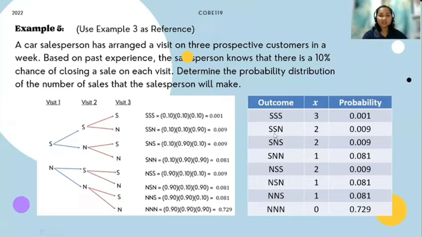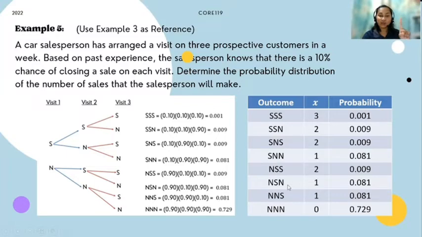So I listed here all the outcomes: sale, sale, sale, and so on, up to no sale. We count here the number of successful sales. So we have here 3 S, so X will be 3. SSN, we have 2 sales, that's 2. SNS also 2. SNN, we only have 1 S. NSS, we have 2.